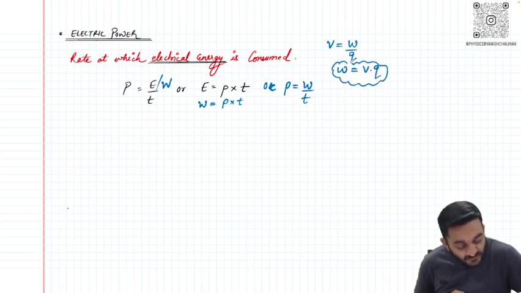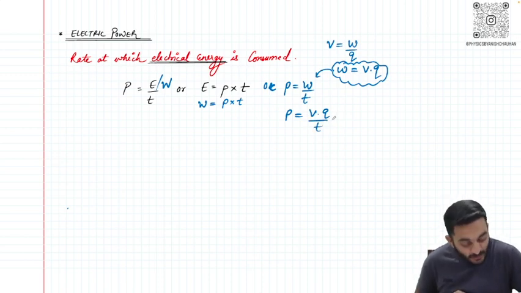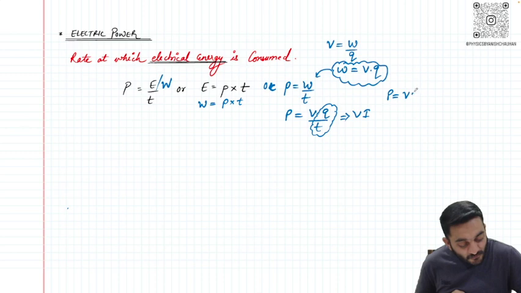So if I plug this value of work done in, it will look like power is equal to voltage into charge divided by T. Now this charge flowing per unit time, I hope you also remember, is nothing but current. So power can also be defined as voltage times current.